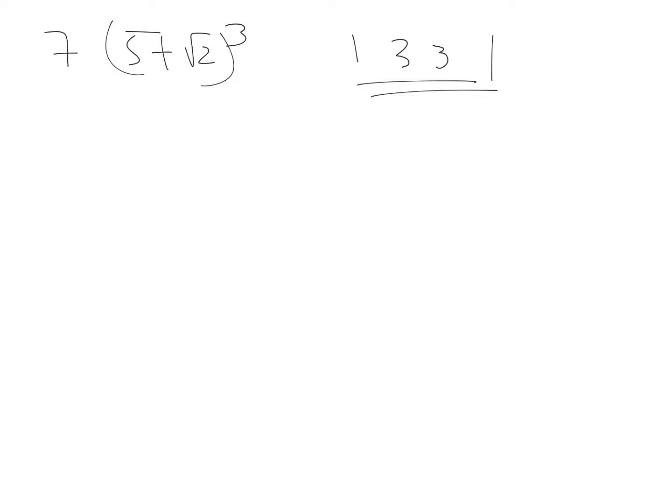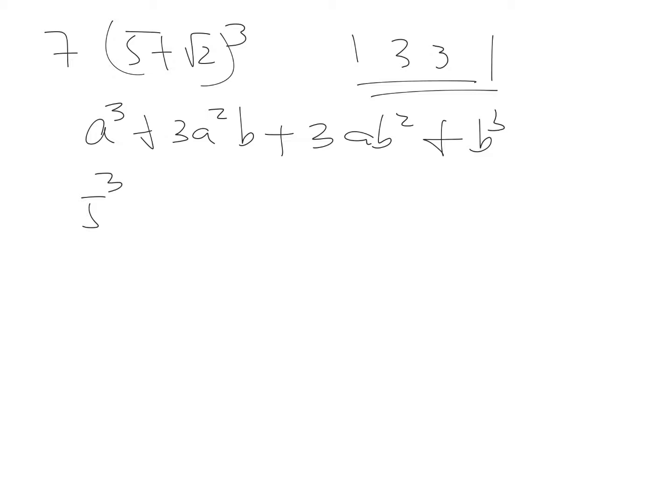So it would be a cubed plus 3a squared b plus 3ab squared plus b cubed. So if we use that as our guide, let's write it down: a cubed plus 3a squared b plus 3ab squared plus b cubed. So a is 5 and b is root 2.